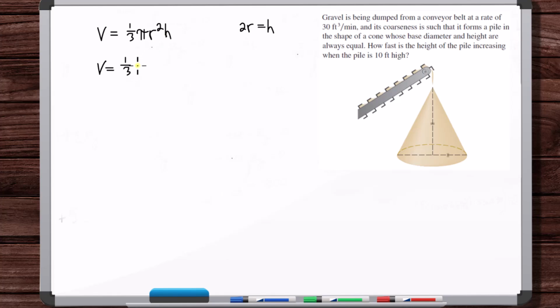We'll put this in terms of h, because that's the rate we're looking for. Wait, no. r is equal to h divided by 2.